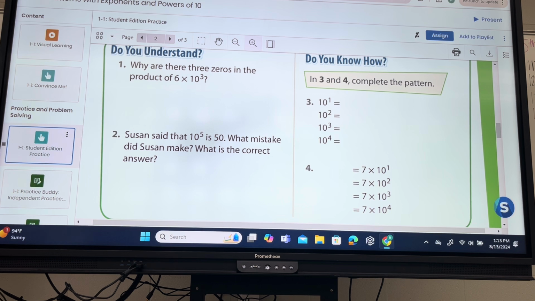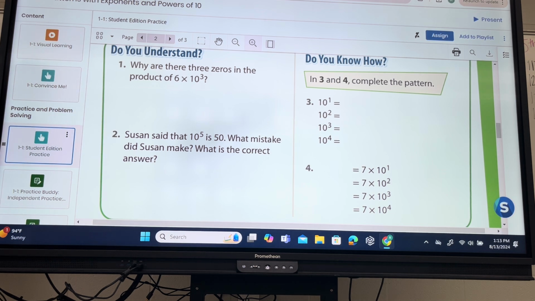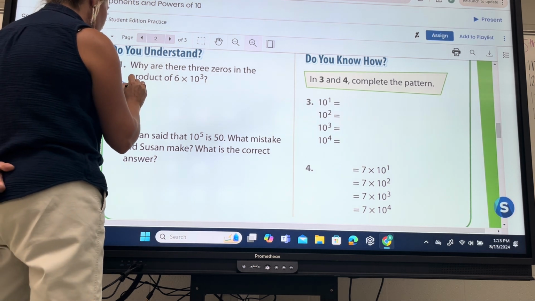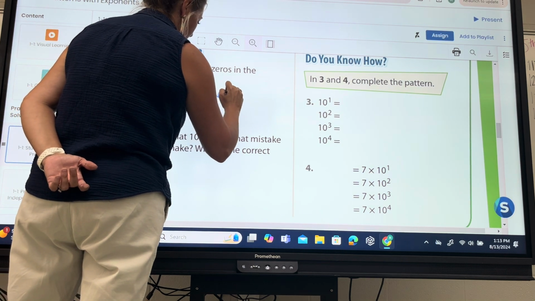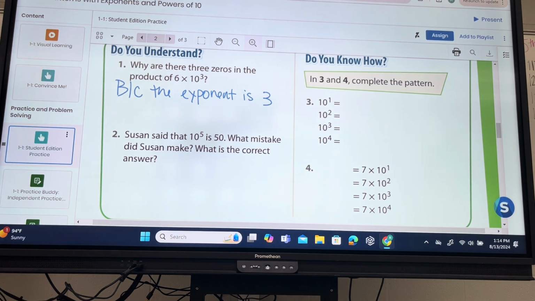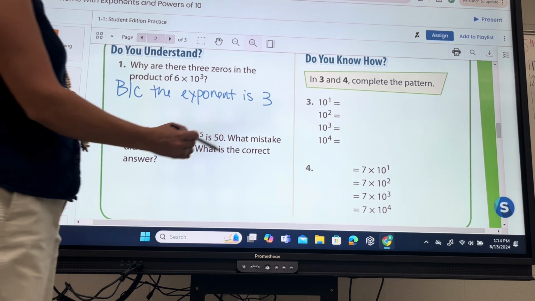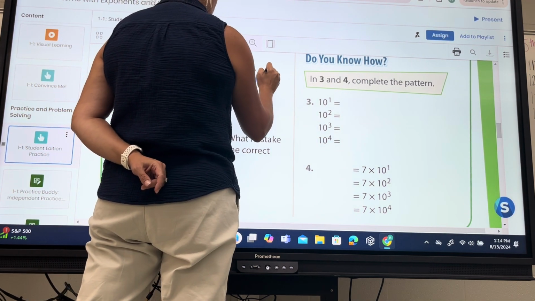Joshua? Because it's 6,000? Because the exponent is 3. So 10 to the third power is 1,000.